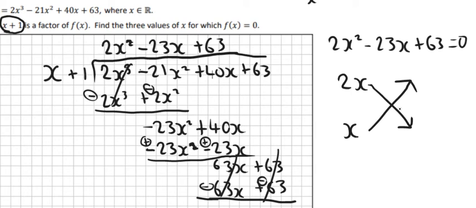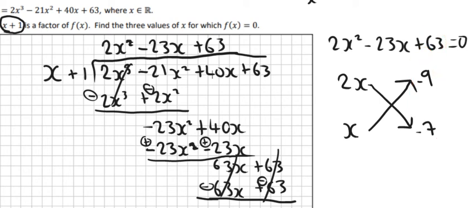So I'm going to do it this way again, so it's going to be 7 down here and 9 up there, and then they're both going to be minuses. So if you double check, then minus 9 multiplied by minus 7 will give you plus 63, which is what we want.